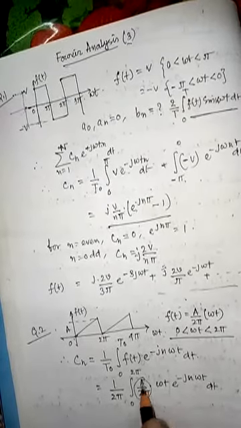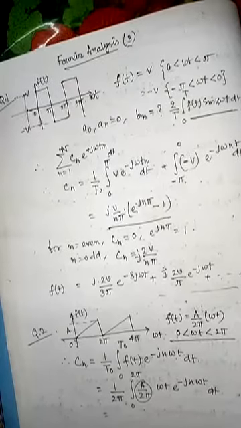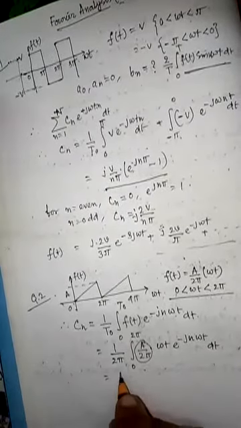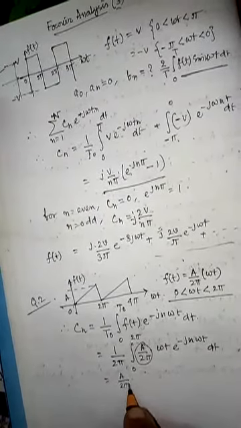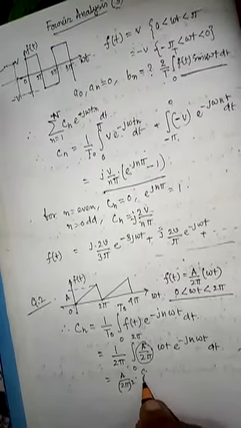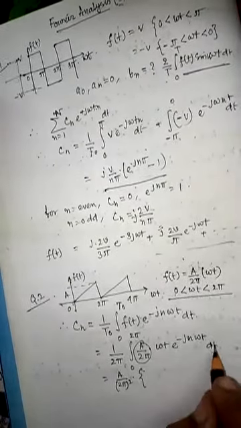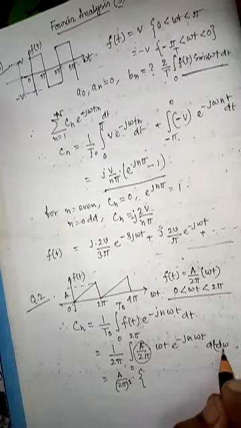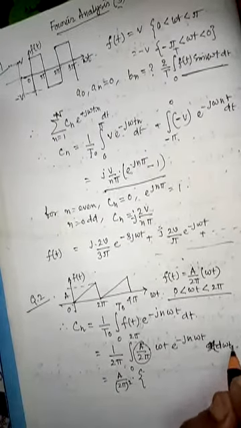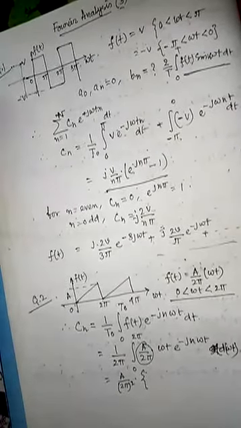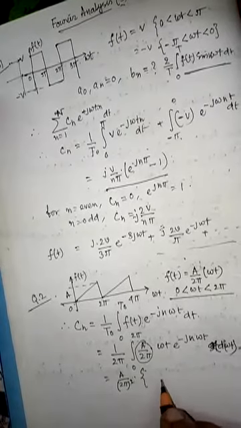So this part is a constant term, it will be coming outside, so it should be a by 2 pi whole square into that omega t, say here it is not dt, it is d of omega t.